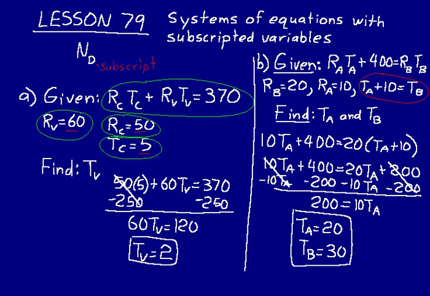More importantly, for this type of system of equations, you should realize that to solve a system of equations, you have to have the same number of equations as you do unknown values. And in problems like these, the best way to solve them is to substitute back into the equation that has the most variables in it. Most of the time, that's the only way you can solve them. Okay, well that's all for lesson 79.